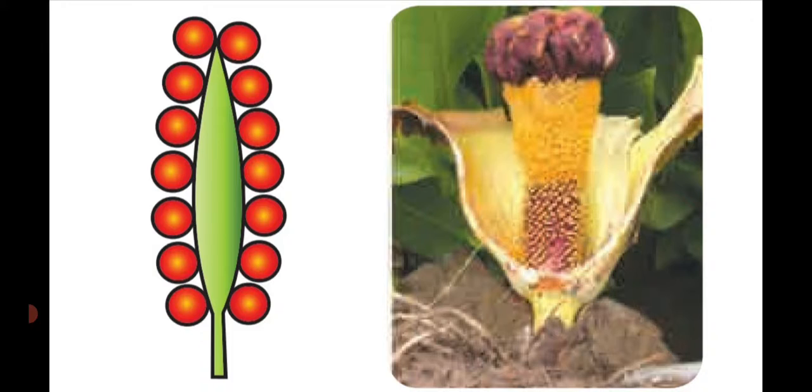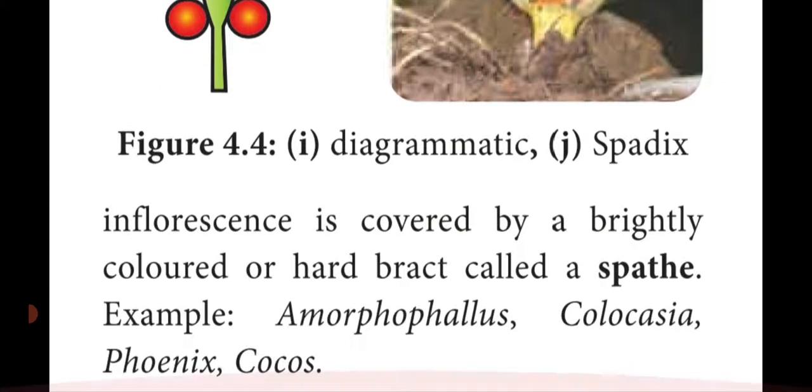Male flowers are located towards the apex. See the first diagrammatic representation. The central one is the thick and fleshy inflorescence axis. The flowers are sessile, no stalk is there, arranged in acropetal succession. That type of inflorescence is known as spadix.